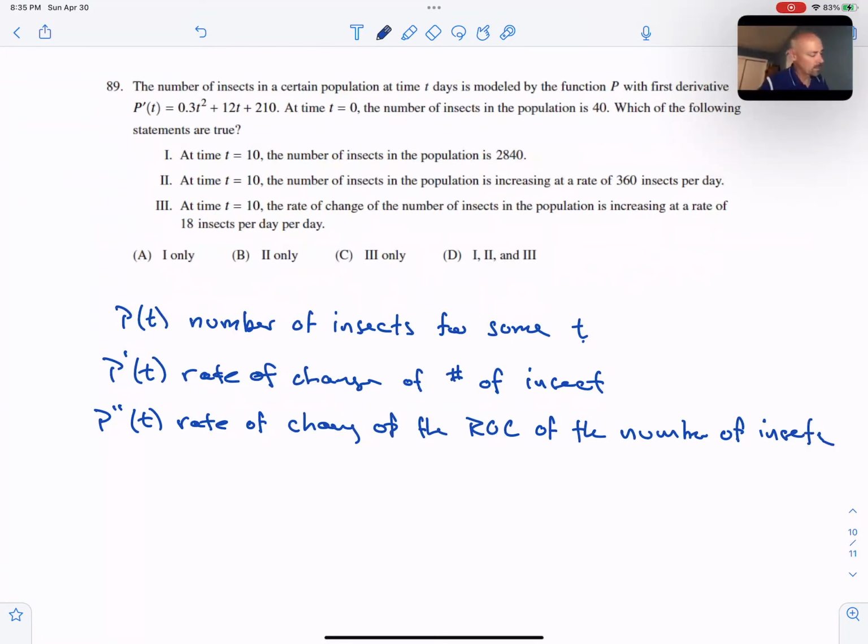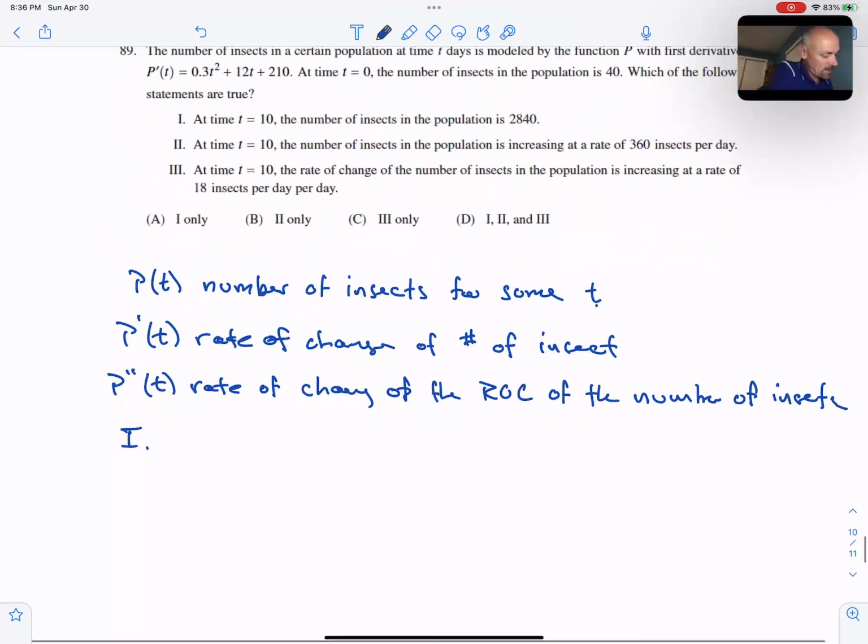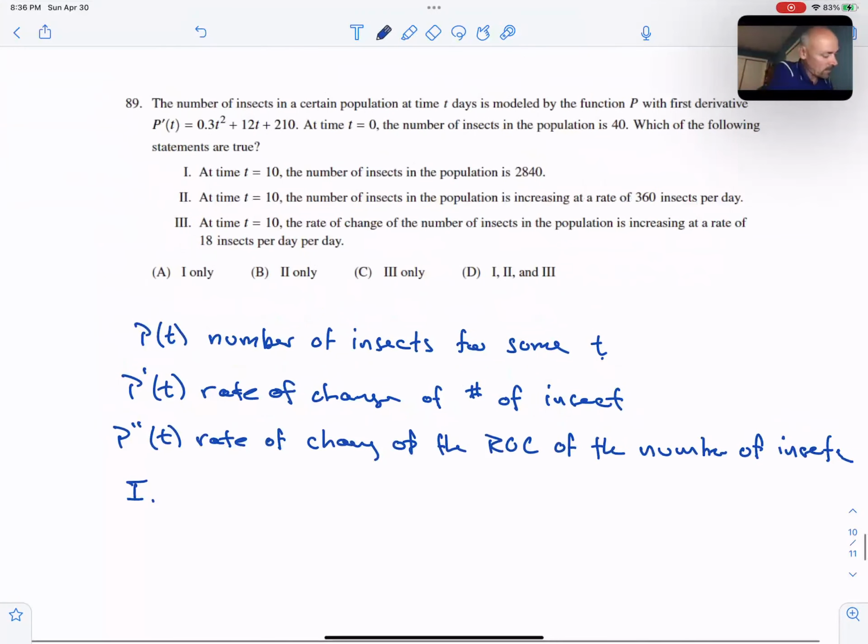Okay. Well, let's look at it this way. So let's look at Roman numeral 1. At time t equals 10, the number of insects in the population is 2,840. Well, how can we get that? Also, FYI, this is a calculator problem. So what I'm going to do with my calculator is take p prime at t and store that in my calculator as y1.